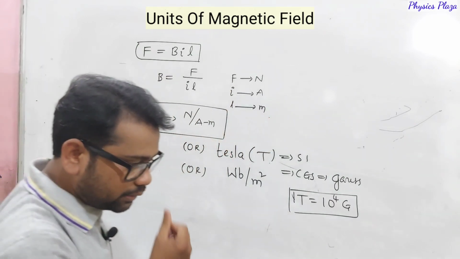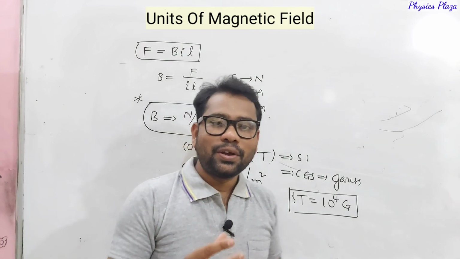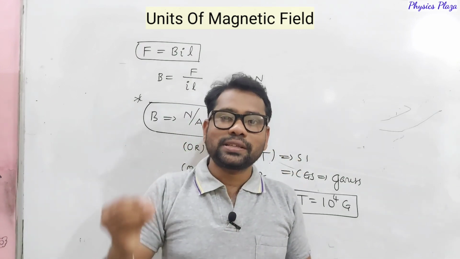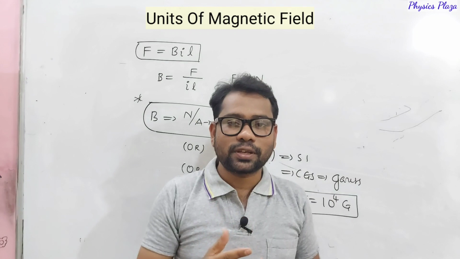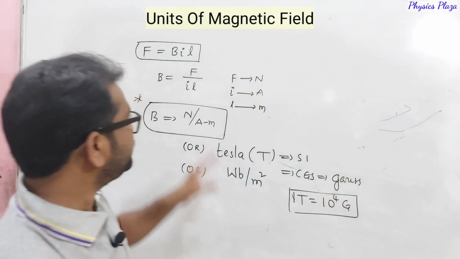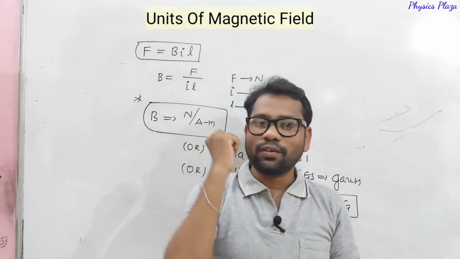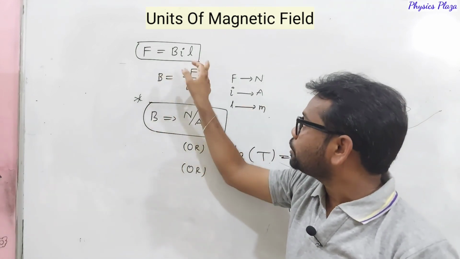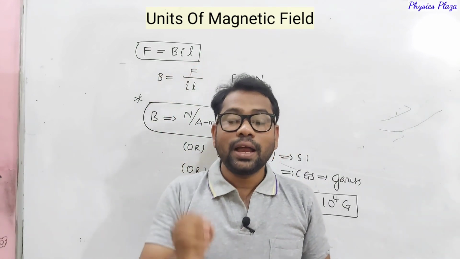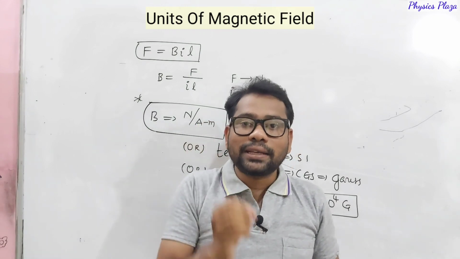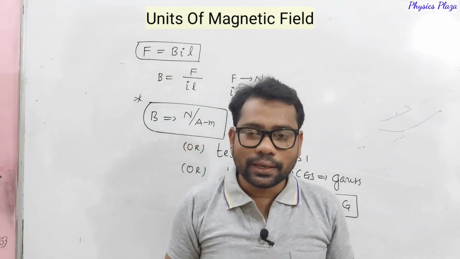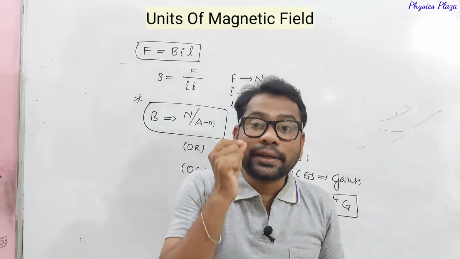Okay, and here we will get one doubt actually. Okay sir, when a current carrying conductor is placed in a magnetic field, it experiences force. So how much force? F is equal to BIL. But children, force is a vector quantity, so this is actually the magnitude. But how do we find the direction of the force acting on a current carrying conductor when it is placed in a magnetic field?